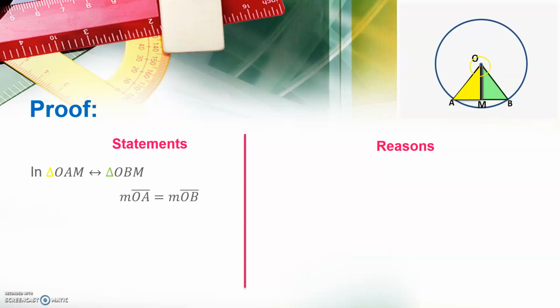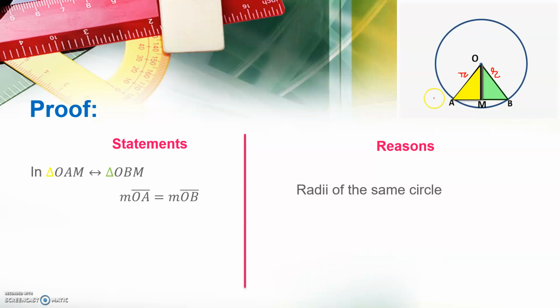And also we know that OA is the radius of the circle. Similarly, OB is also the radius of the circle. This is radius, this is also radius. And as we know that radii of the same circle are of equal length.